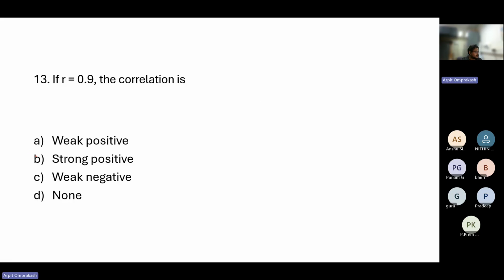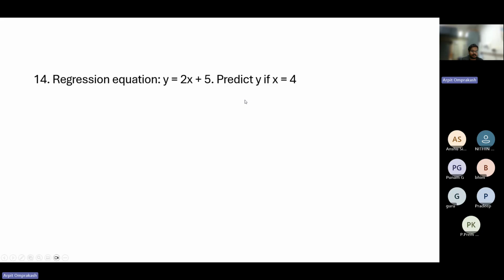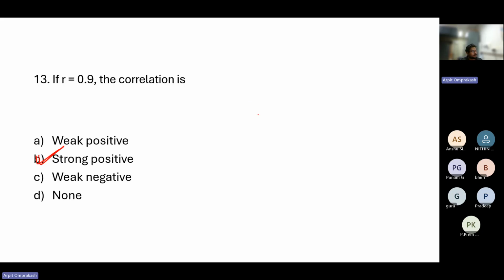So the answer here is strong positive. If you have a very high R value, ideally 0.7 and above, you'll say that it's a strong relation. If it is positive, it's a strong positive relation. If it's negative, it's a strong negative relation. If it is somewhere around 0.3, 0.4, 0.2, you say it's a weak relation, either weak positive or weak negative.